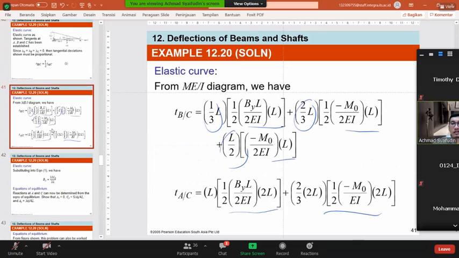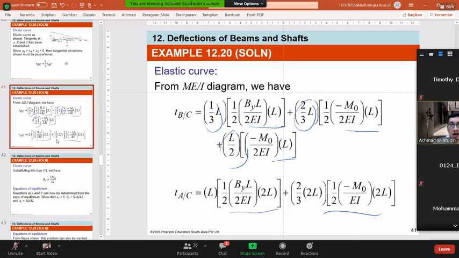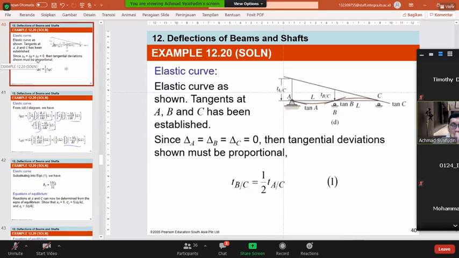Yeah, after we get the equation for B and A, then we put it into equation 1. This is equation 1.